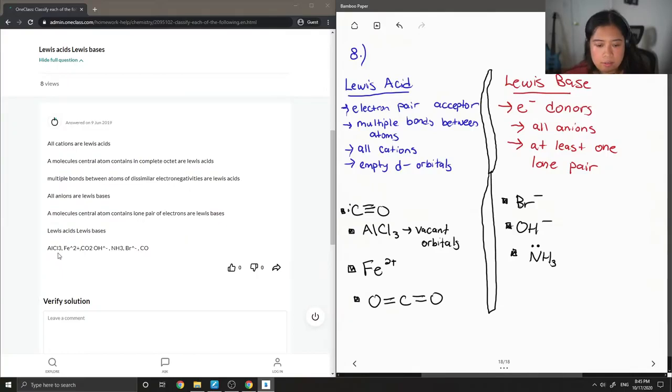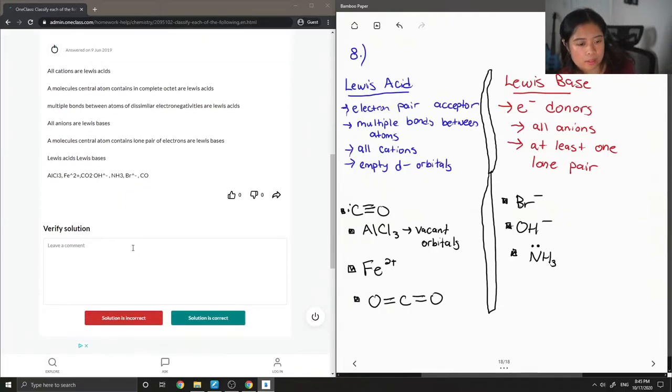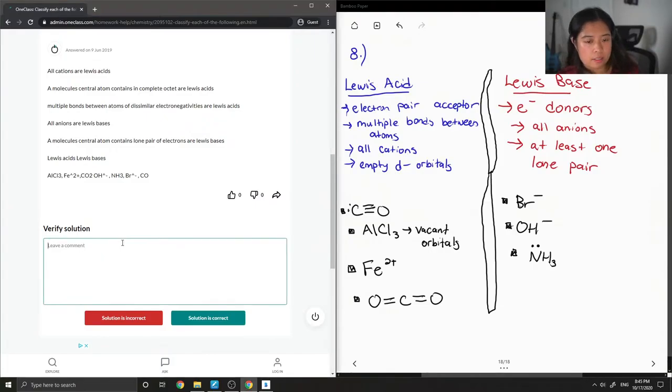This is a Lewis acid, Lewis acid, Lewis acid. I don't know where the Lewis bases start, but I guess it starts here. So it's kind of partially correct.